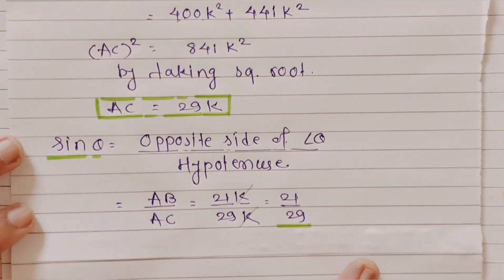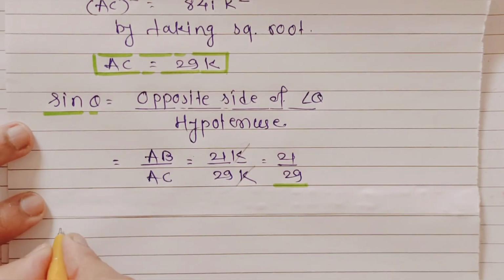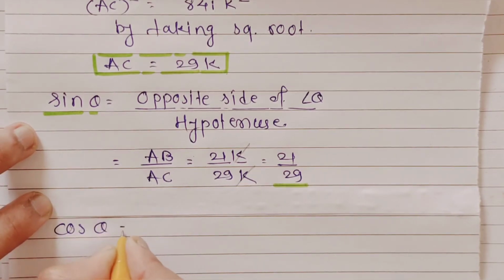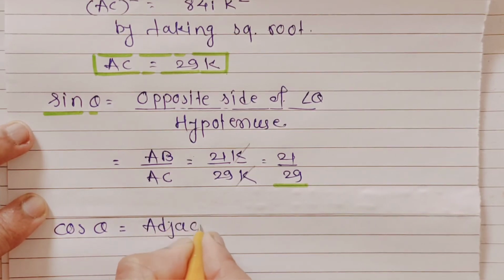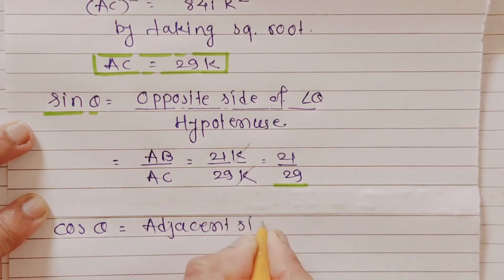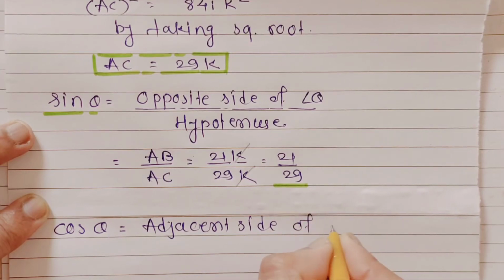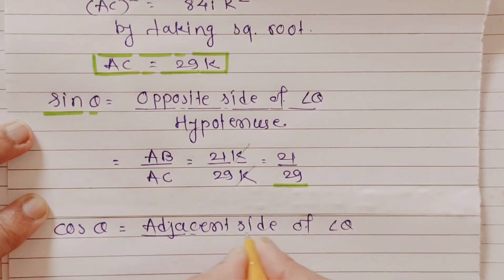Then we have to find out cos theta. Now cos theta, we know the ratio, that means adjacent side of angle theta upon hypotenuse.